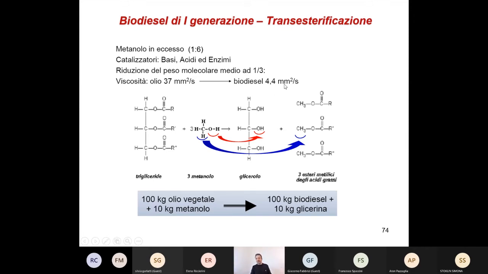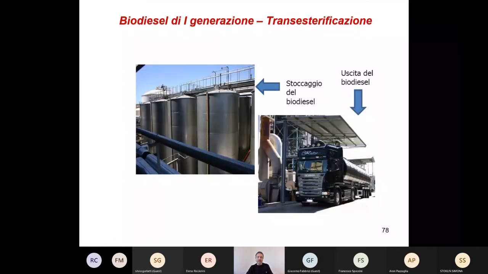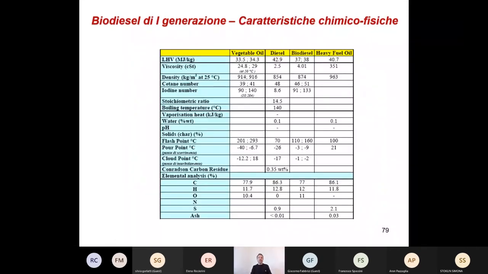This value of 37 is absolutely not comparable with diesel viscosity. I will show you now. I go very quickly to this information. Just to summarize the main characteristics of vegetable oil, diesel, and first generation biodiesel. Low heating value, energy content.